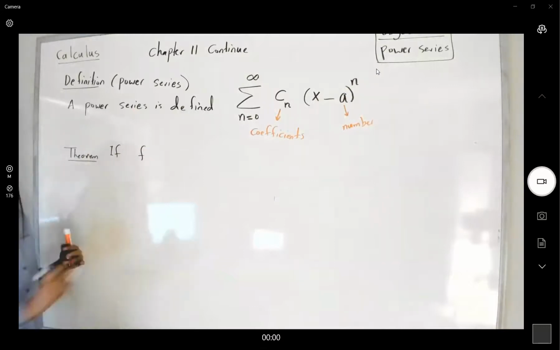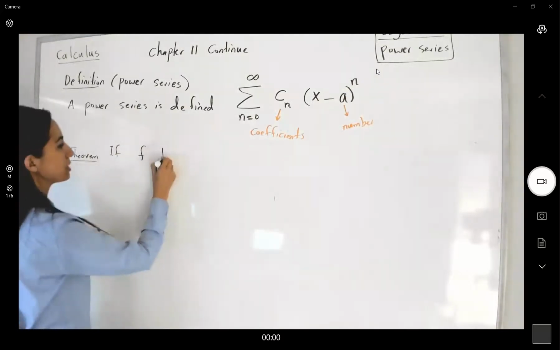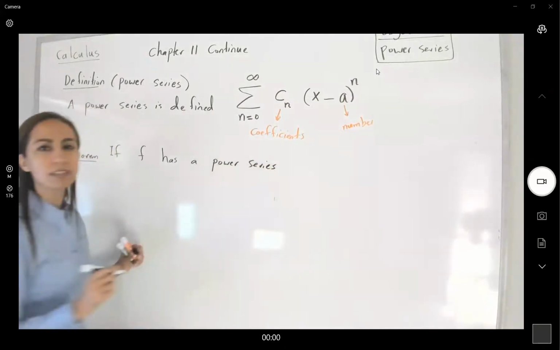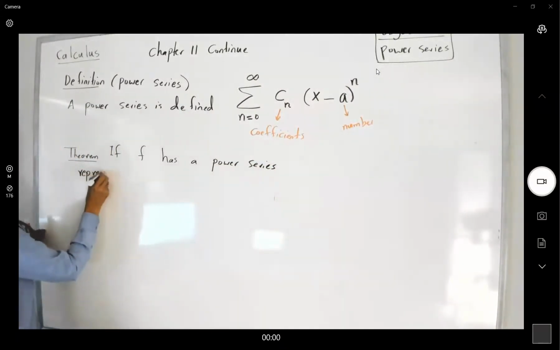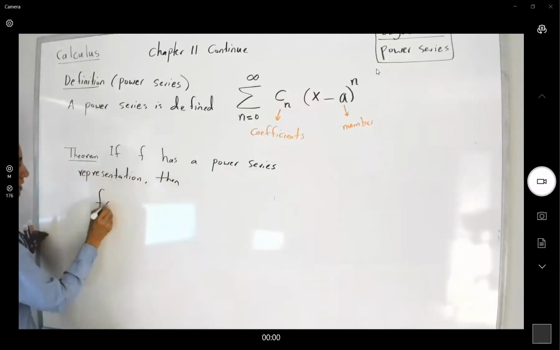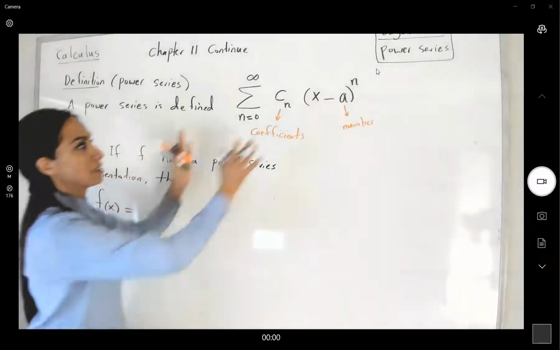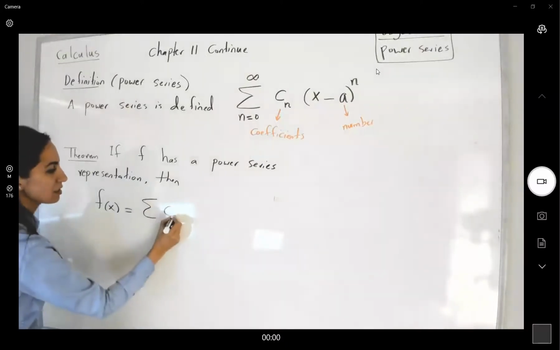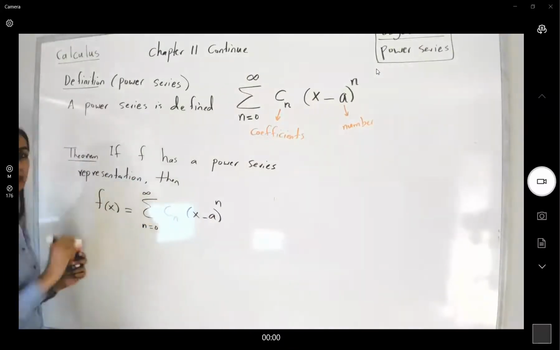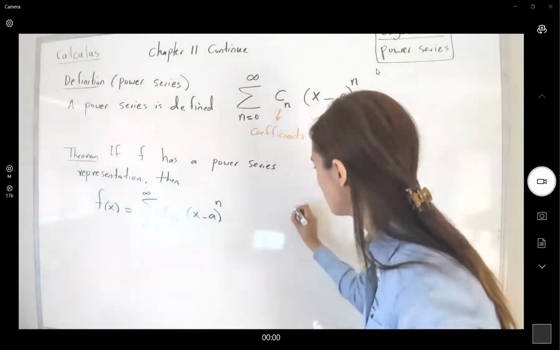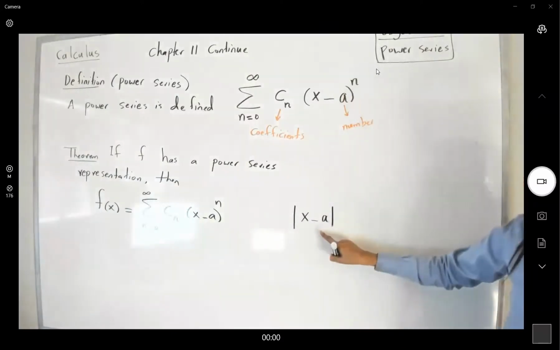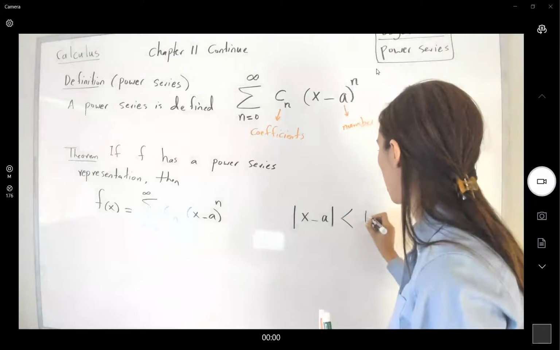If f has a power series representation, then f as a function can be written as the sum of c sub n times x minus a to power n, starting from 0 and going to infinity, and you have this condition: the absolute value of x minus a, the distance between x and a, is less than r.